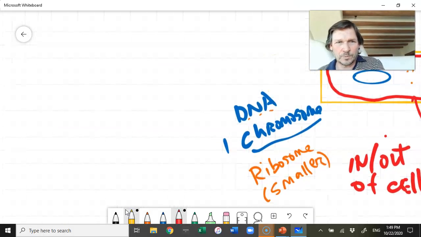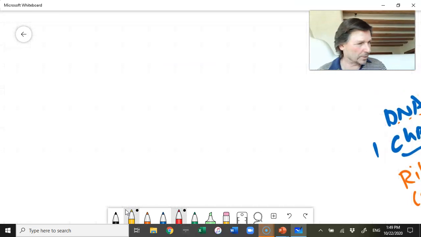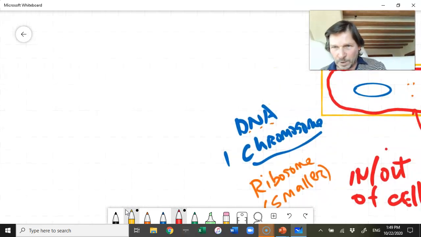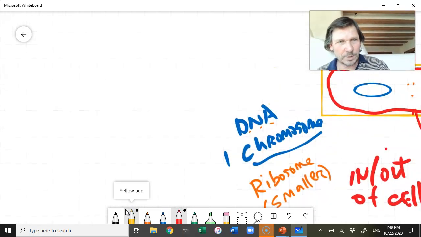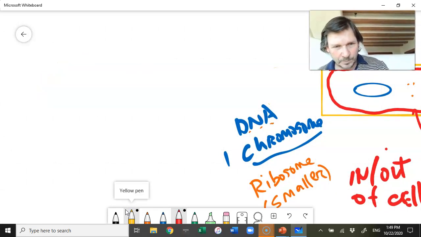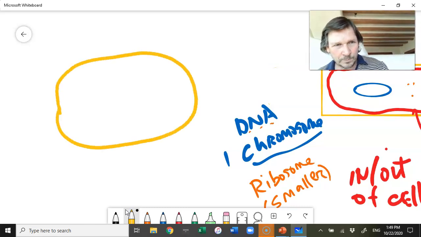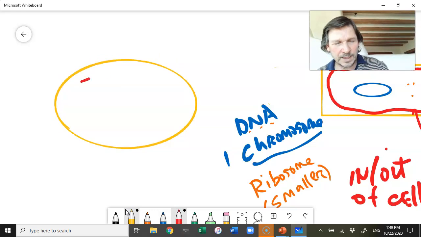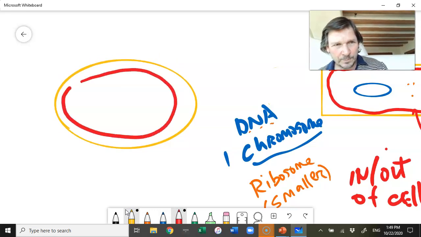And so, if I were to draw my cell here again, see if I can remember what colors I use. I'll do yellow for the cell wall. And then inside that, we have the cell membrane.